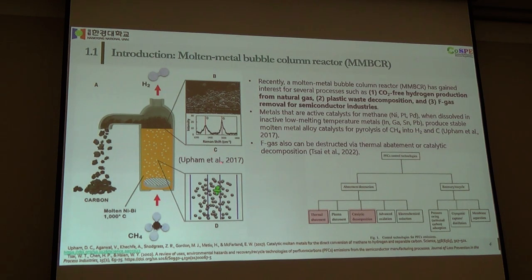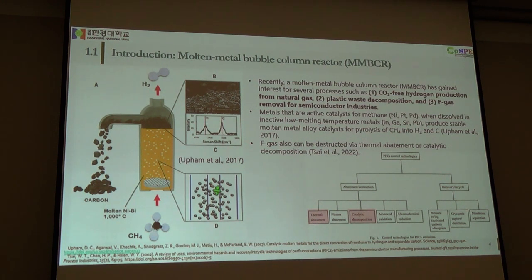Actually, this process was developed a long time ago, but at that time there was no catalyst, so it required very high temperature. This kind of process had a disadvantage from the economic point of view.